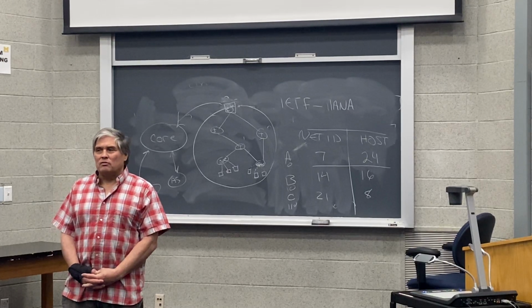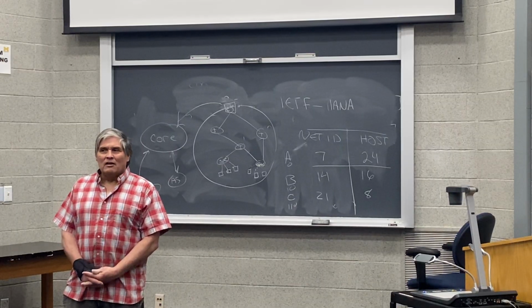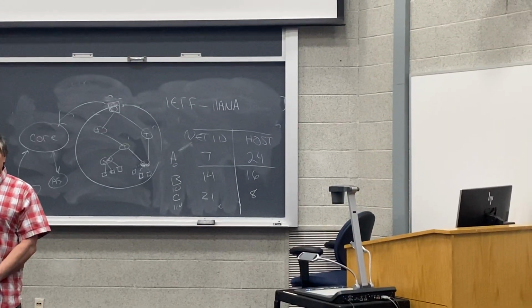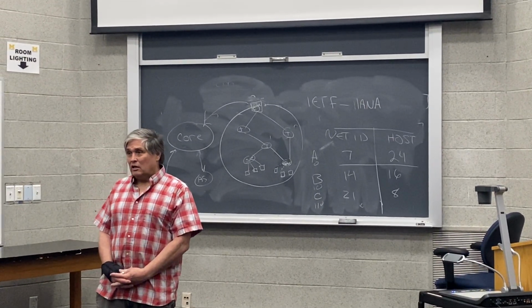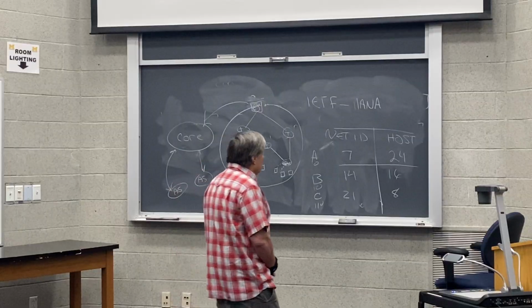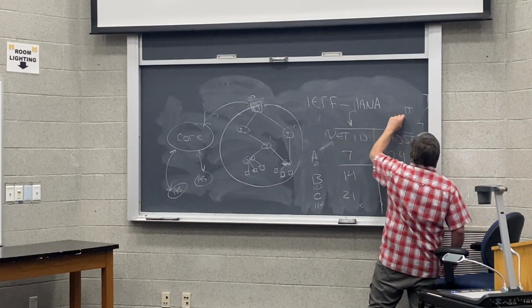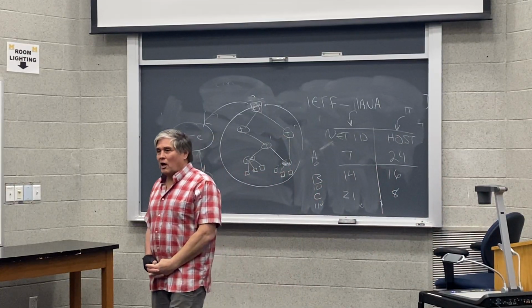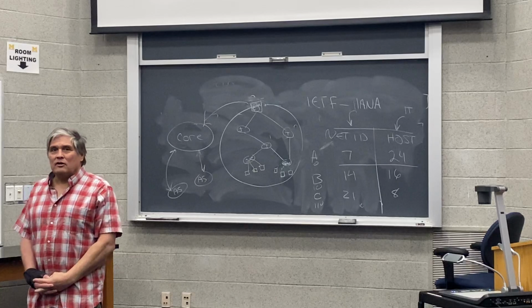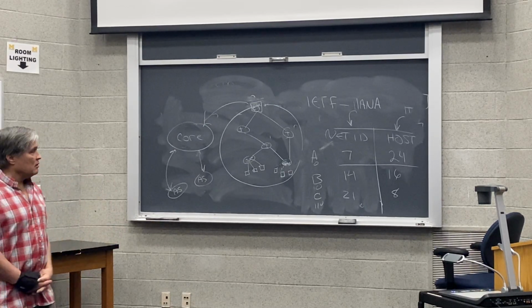Every computer at U of M Dearborn, I think it was 141.215, that's the U of M Dearborn network ID. Every host computer within U of M Dearborn has to have an IP address with those same 2 network ID bytes. Then the host ID is controlled by the IT staff. It's up to the IT staff to assign the host IP addresses, and they can assign them however they wish.